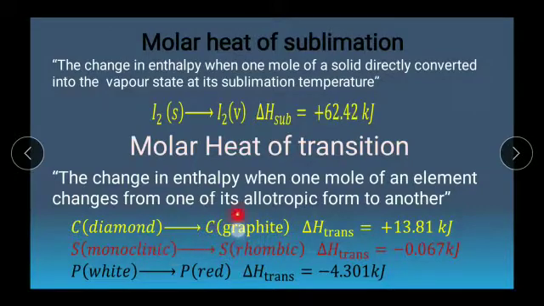Diamond is changed to graphite. Del H trans is plus 13.81 kilojoule. Then monoclinic sulfur to rhombic form, the del H trans is minus 0.067 kilojoule. Phosphorus white to red, the del H trans is minus 4.301 kilojoule.